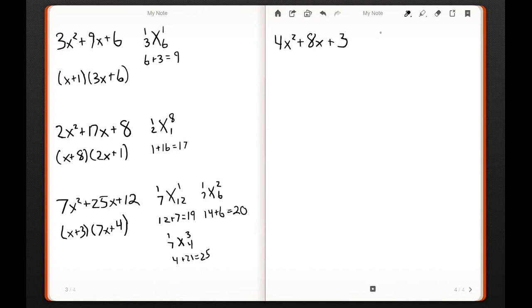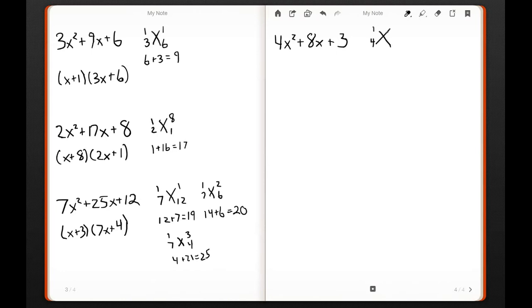So you know by now, we first draw the x. Factors of 4, 1 and 4, and then factors of 3. There are two possible combinations because we can either put the 1 here and the 3 there, or the 3 here and the 1 there.